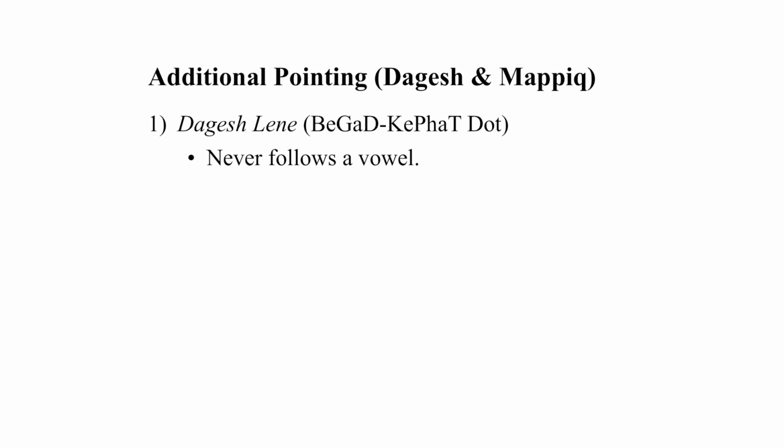The first type of dot, called a dagesh in Hebrew, is what we call the dagesh lene. Lene means soft. It's the weaker of the two kinds of dagesh. Dagesh lene, or the begad kafat dot, is used to indicate the hard pronunciation of the begad kafat letters.